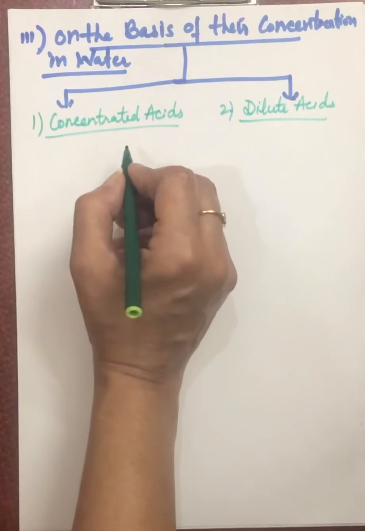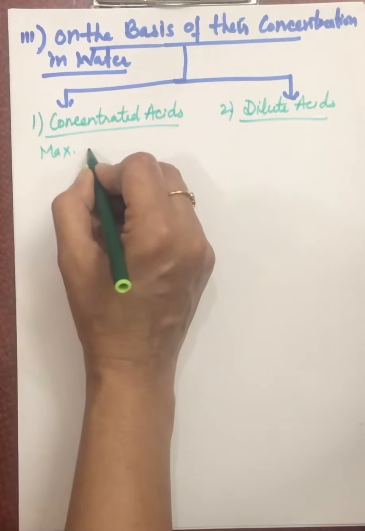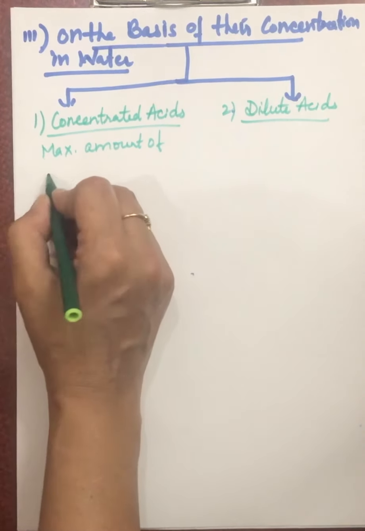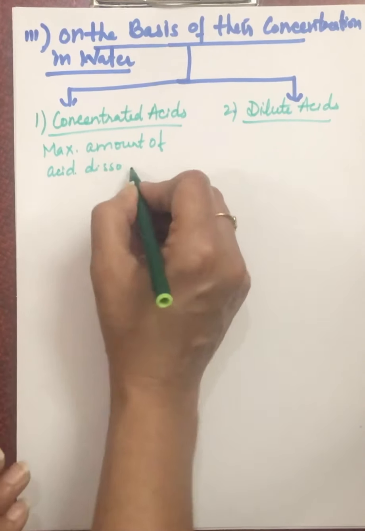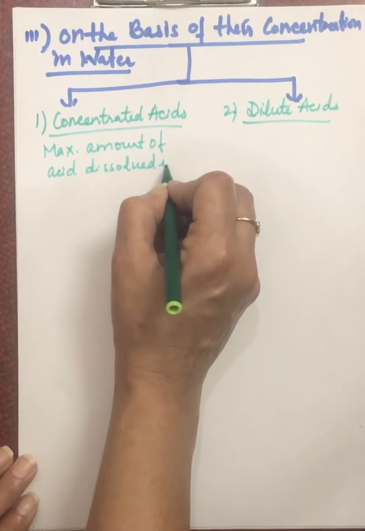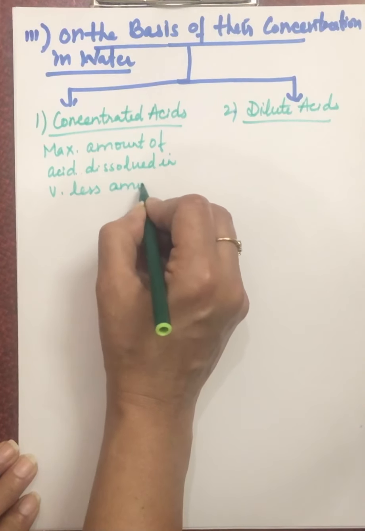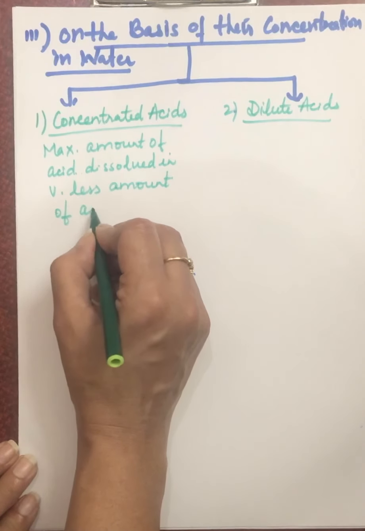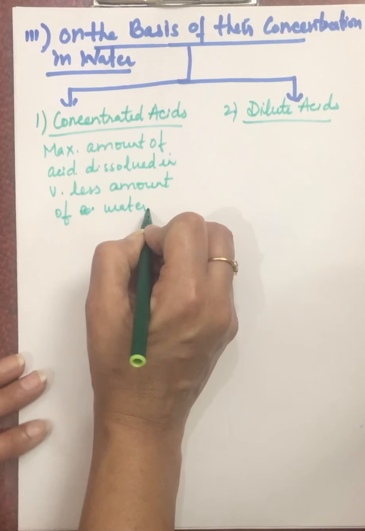What are concentrated acids? Those acids which have maximum amount of acid dissolved in very less amount of water. Water is less while acid is more. Then these are called concentrated acids.